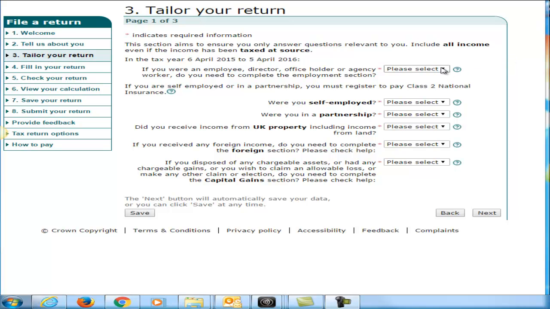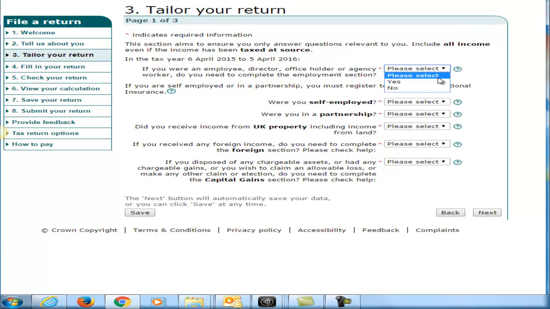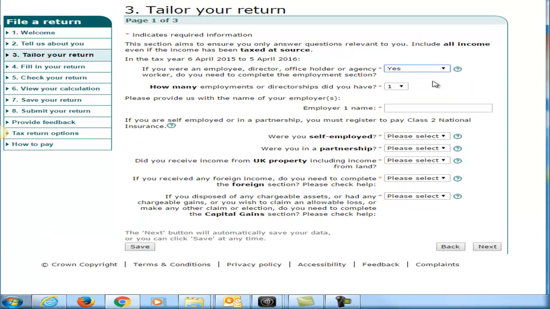So if you have had PAYE income or you're a director of your own company, you'll need to answer yes. It then says during that year, how many employments did you have? So if you kept changing employment, then you would put down 6, 7, 2. This person's only had one, and it asks for the employer's name.